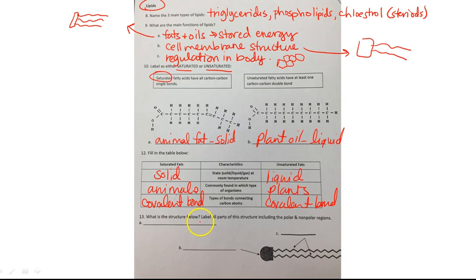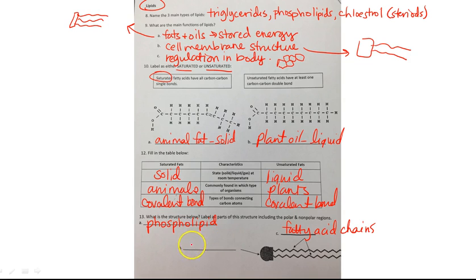Okay, what's the structure below? Label all the parts of the structure, including the polar and nonpolar regions. So this structure is a phospholipid. I know this because it only has 2 fatty acid chains. So these are the fatty acid chains.